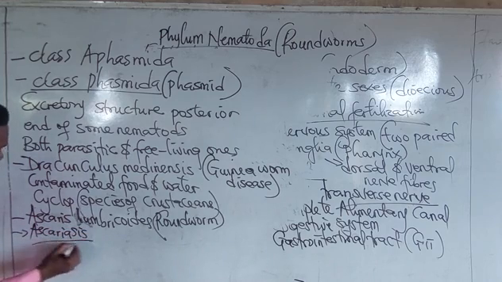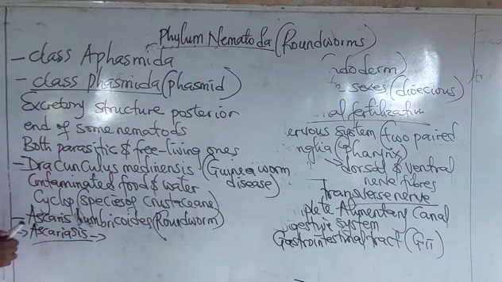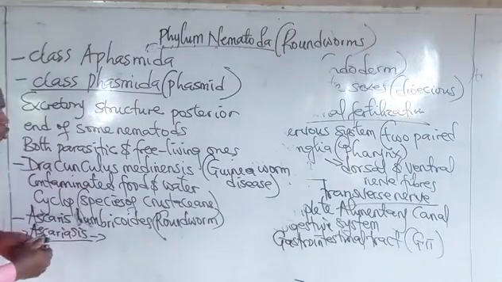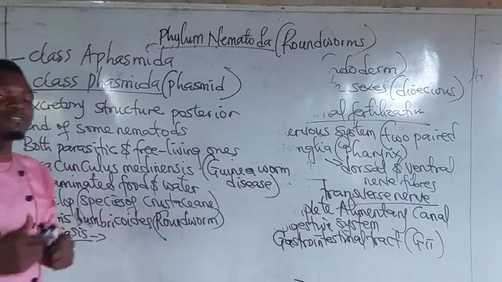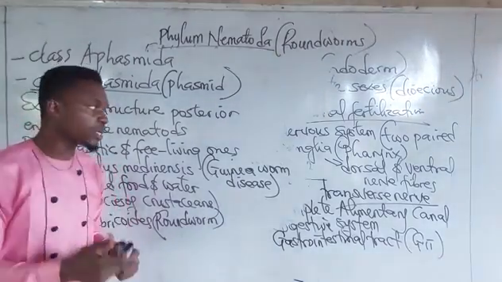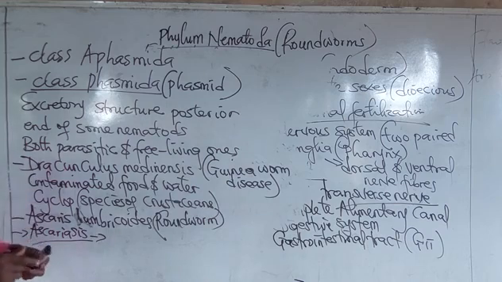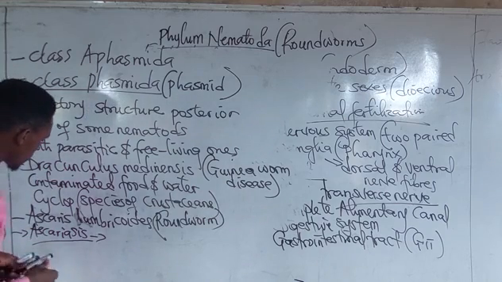Good. Ascariasis is a disease caused by Ascaris lumbricoides. It is transmitted by drinking contaminated food and water. Take note of that. It is very, very important.